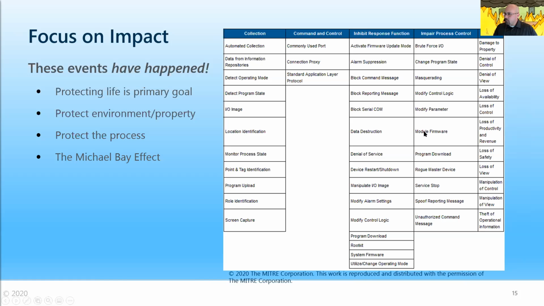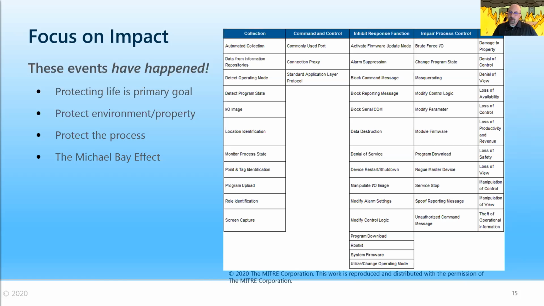So as I stated before, protecting life is the primary goal of ICS. I mean, you have your process and you need to protect the process, but life is the number one thing to protect. Second, the environment and the property. You don't need an oil spill or a chemical spill. You don't need things blowing up, catching on fire.